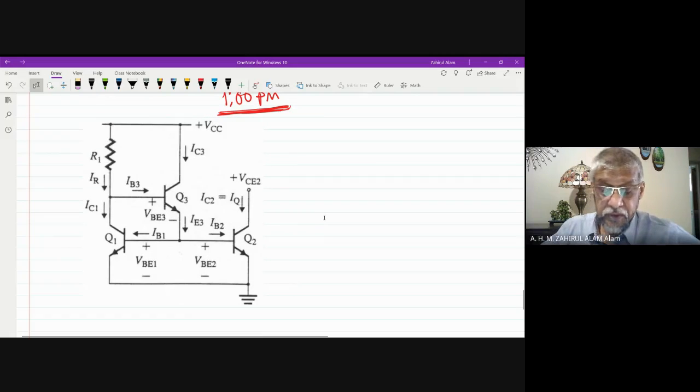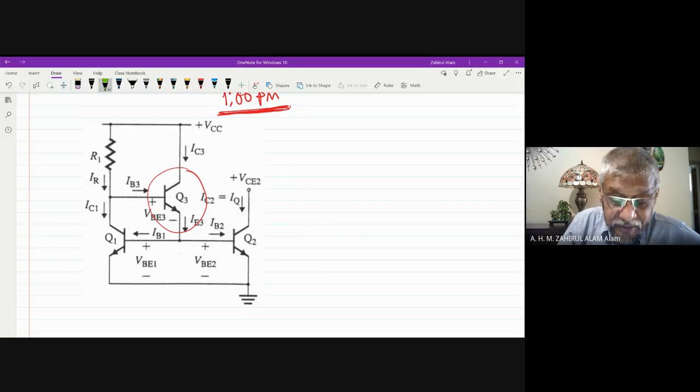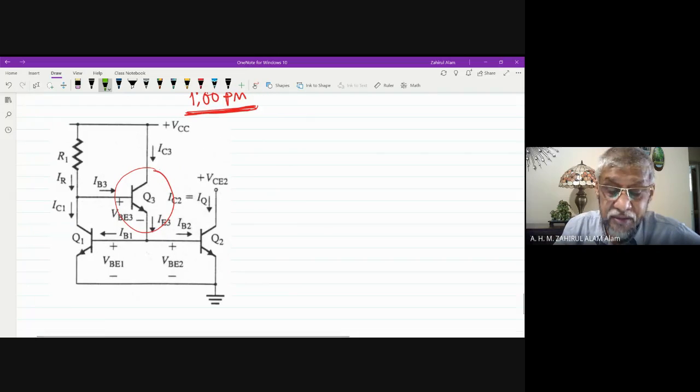So now in this case, instead of this base to emitter connection, we modify in between and add another transistor. And I make it more generalized, this is minus VE.